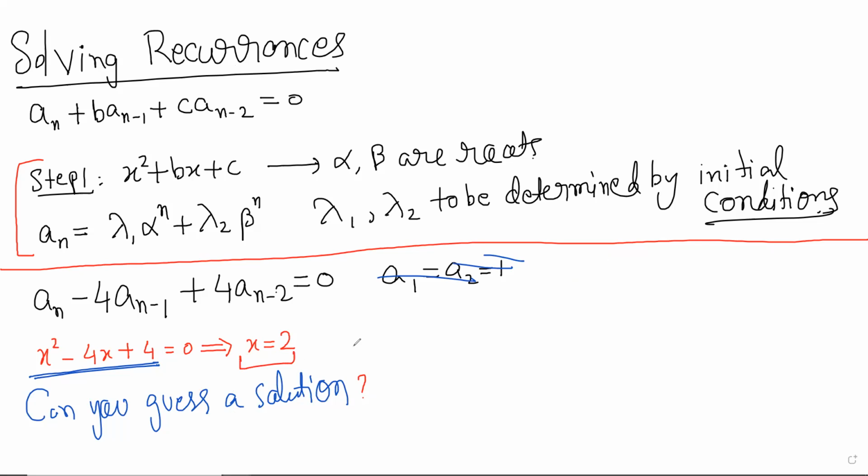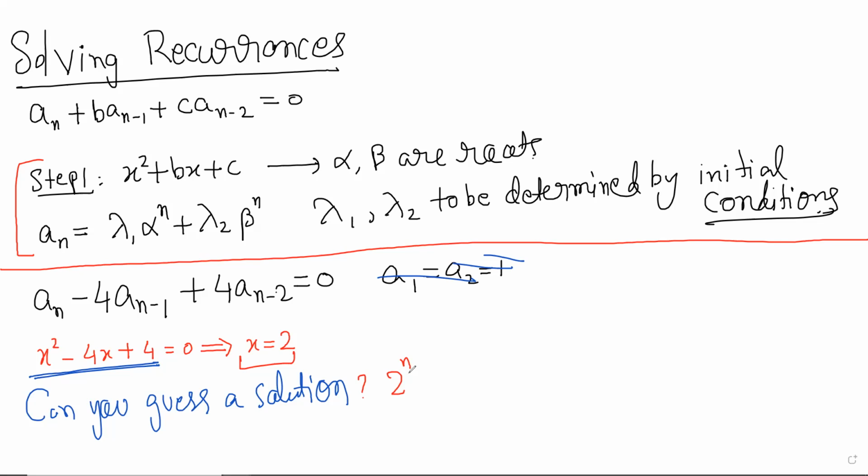X equal to 2, right? So shouldn't you guess 2 to the power n? 2 to the power n is certainly not a bad guess. 2 to the power n should be involved in the solution. So this is one solution.